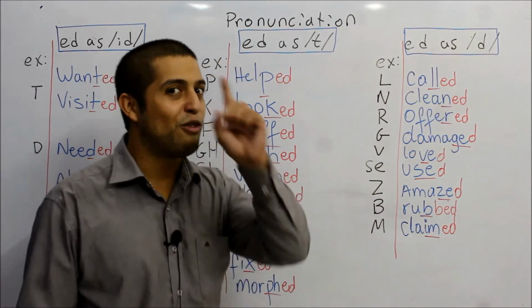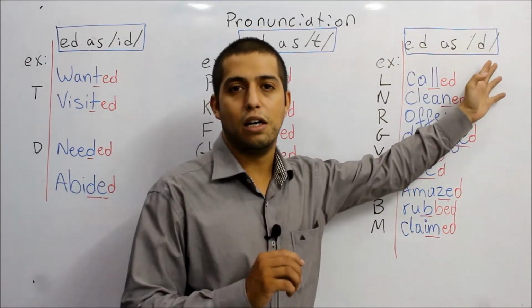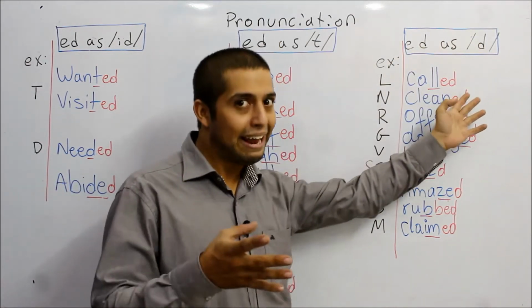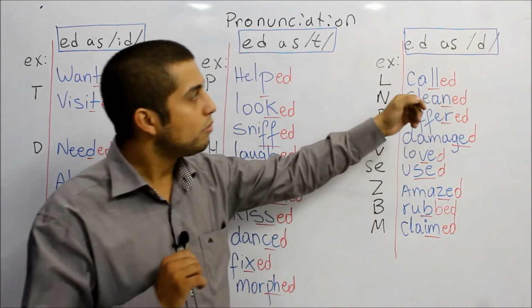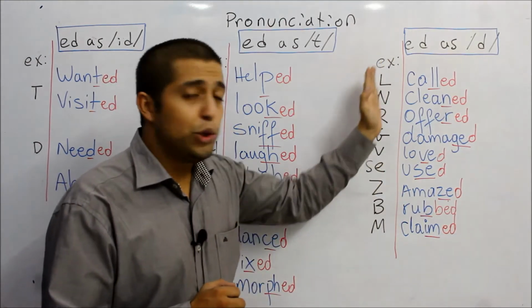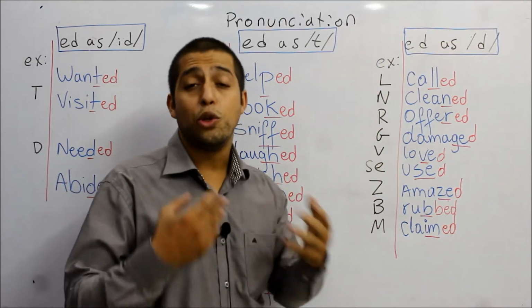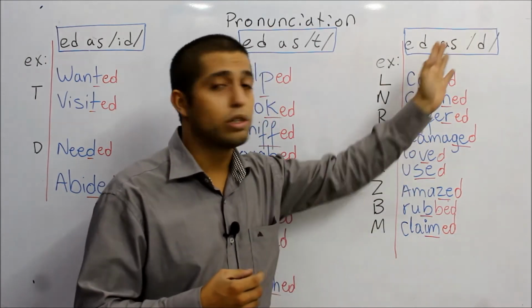All right, we got one more ending sound, ed as d. Not da, not de, d. Very soft, d, d, d. Now, when do we use this one? When you have an ending sound that you can sing, it's a voiced sound, you use d.